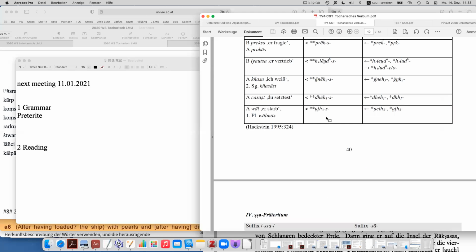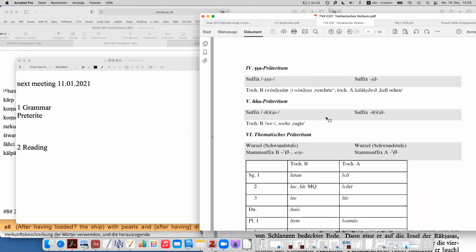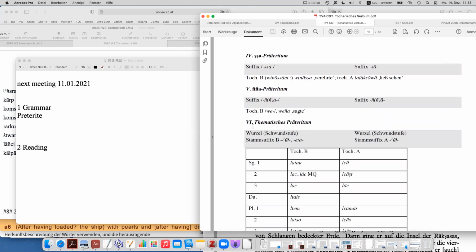Okay. And then the fourth, fifth, and sixth classes are actually not so popular. You only have some specific forms. For example, the so-called nia preterite, we usually have in the word for say, wenya.